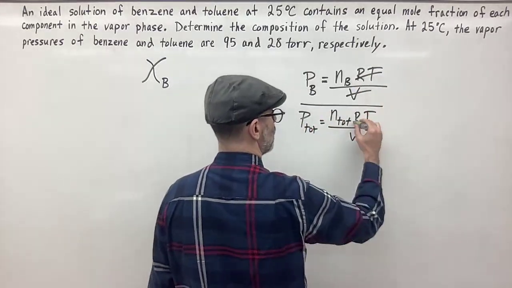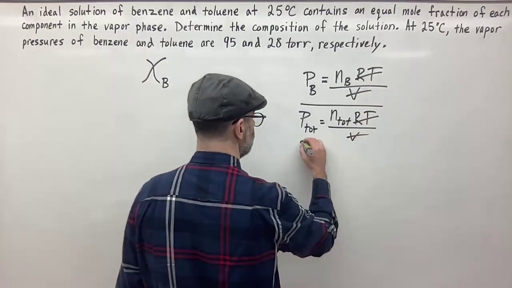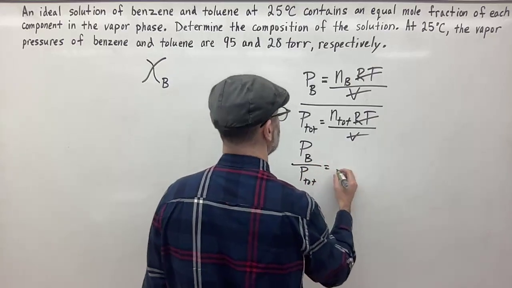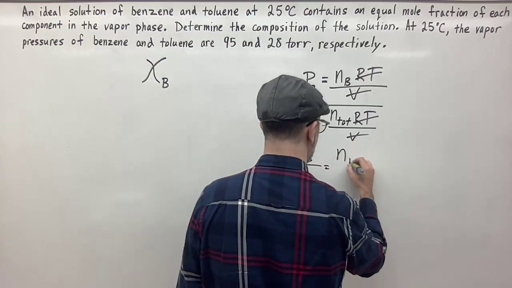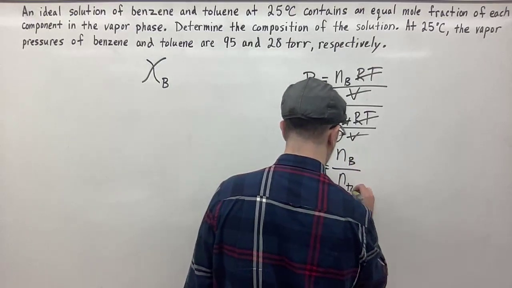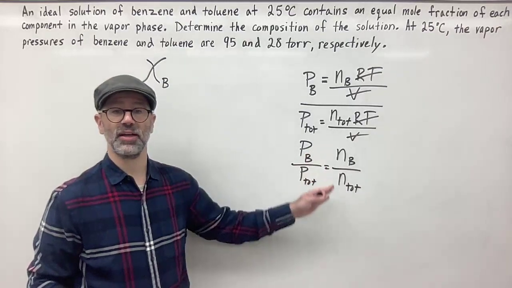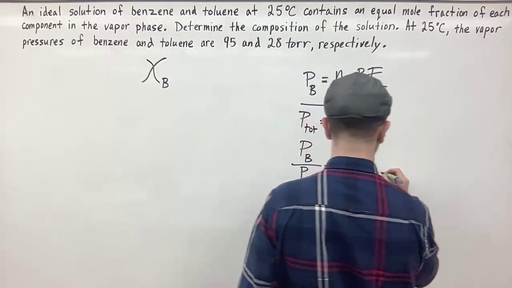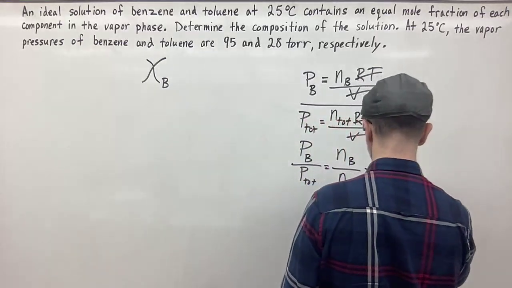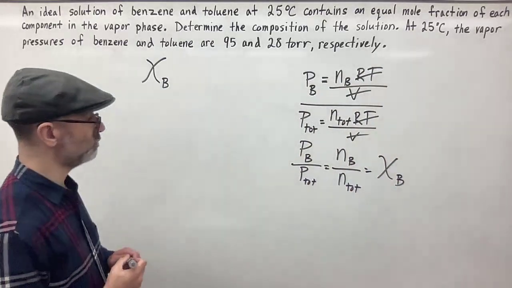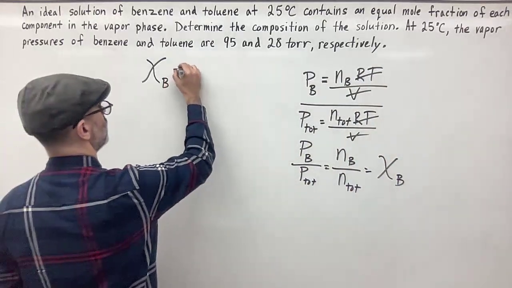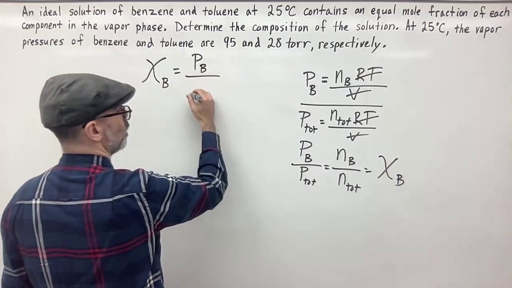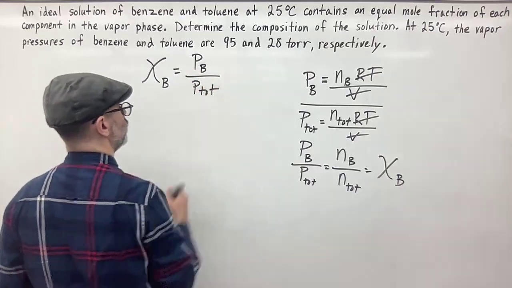RT and V cancel out, and we get the pressure of benzene over the total pressure is equal to the moles of benzene over the total moles. But the moles of benzene divided by the total moles is just the mole fraction. So this is equal to the mole fraction of benzene. So that's going to be equal to the partial pressure of benzene over the total pressure.